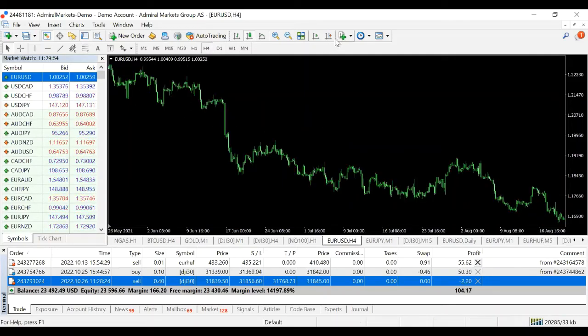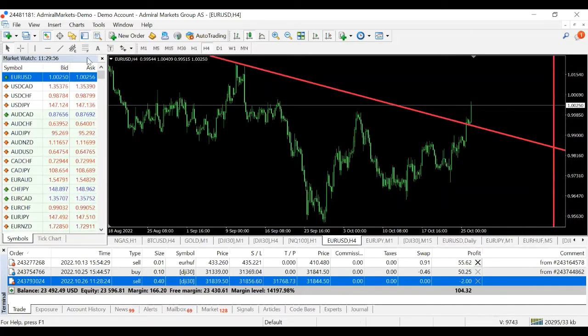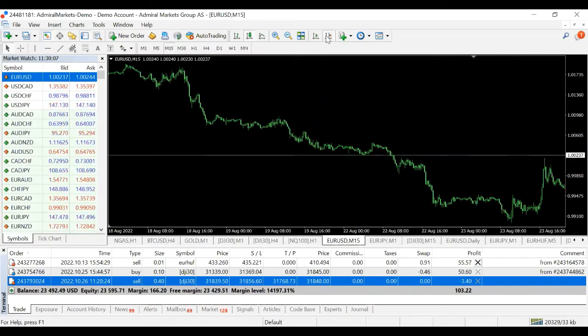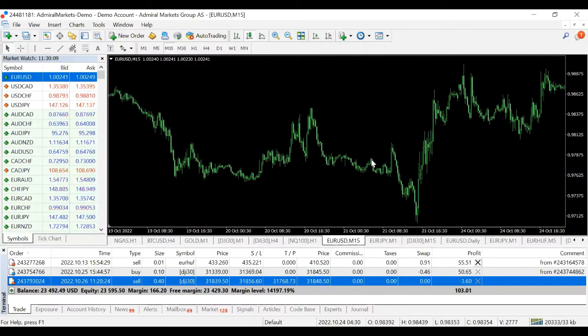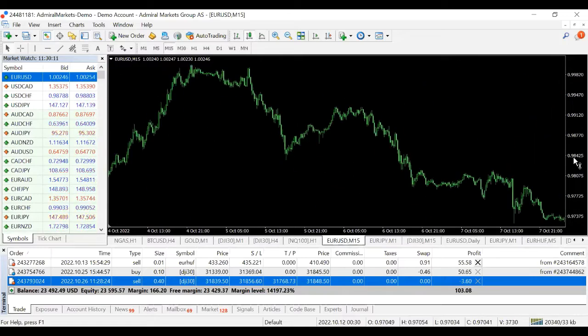Let's go to the H4 chart. If there is a double bottom here, just use it here, and you are, for example, an M15 trader. Just a minute.